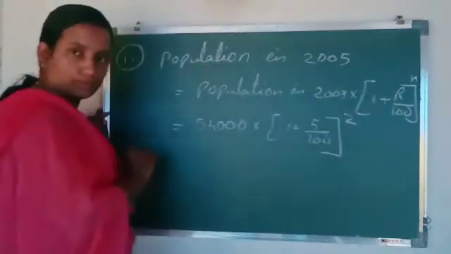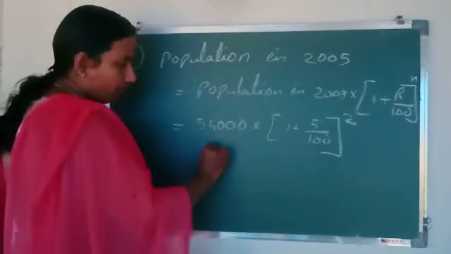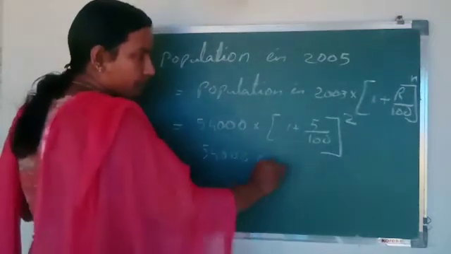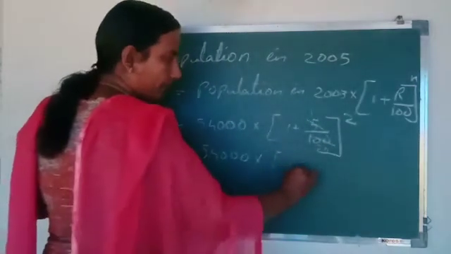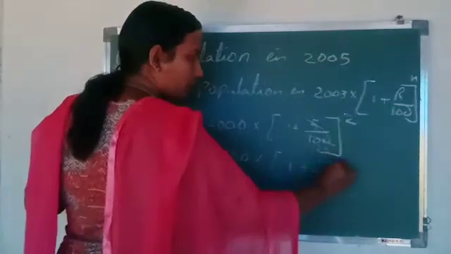N means 2. So that is equal to 54,000 into, simplify, 5 into 1, 5 into 20, so this is 1 plus 1 by 20 all square.